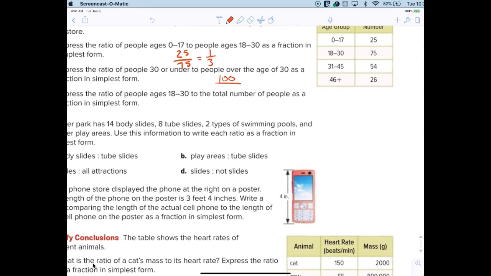Now, how many people over? 50 plus 20. 80. Good job. Now reduce that, please.